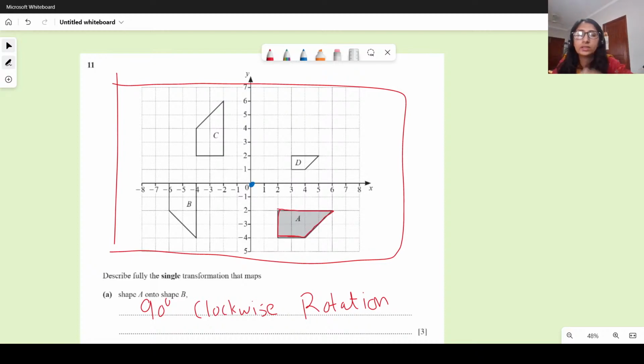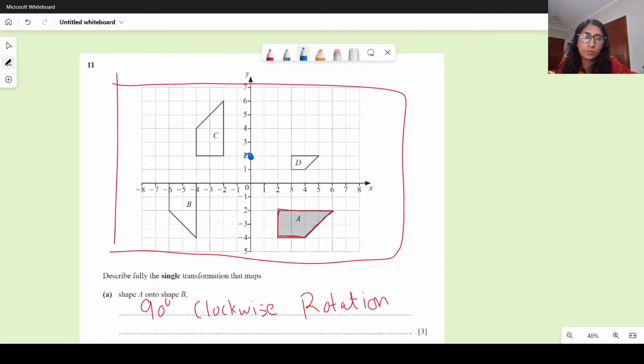What you do, you put the tip of the pencil on 0, 0 and then you rotate the page. You see if this trapezium overlaps on trapezium B. If it does, that means your center is 0, 0. Otherwise, if there's not a complete overlap, then you redo this process and choose another center. So you keep doing this until you find a center.